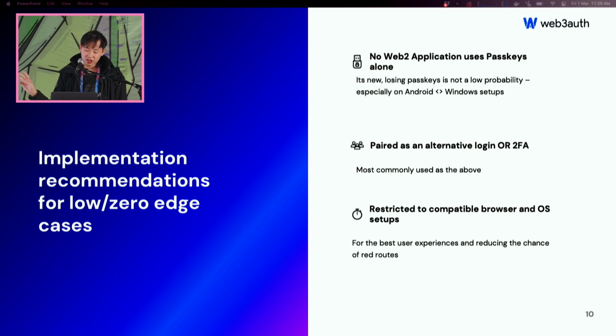Last but not least, you want to restrict your implementation to compatible browser and OS setups. For example, Chrome and iOS just don't work with passkeys. You won't be able to access your hardware enclave via Chrome.